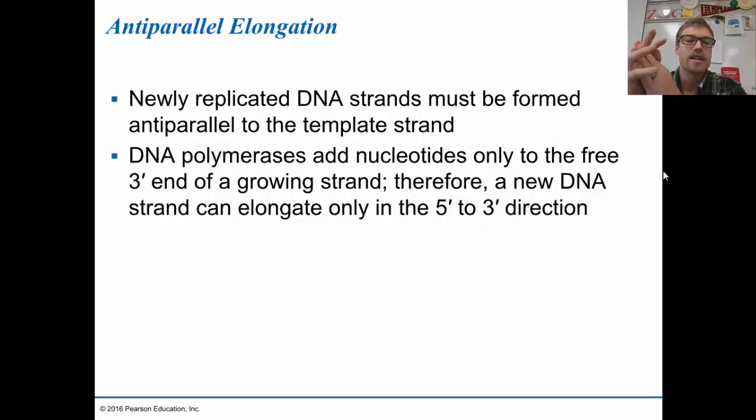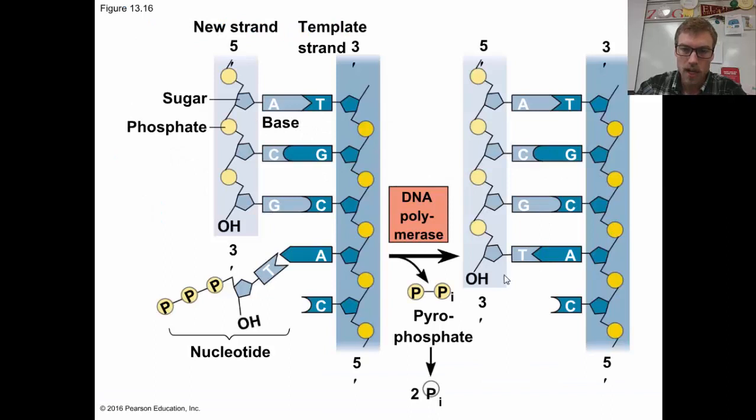Now, newly replicated DNA strands are formed anti-parallel to the template strand. DNA polymerases add nucleotides only to the free 3' end of a growing strand. Okay, so therefore, new DNA strands only grow in the 5' to 3' direction. And the reason why is that at this 3' end, there is a hydroxyl group, and this is a dehydration synthesis reaction.